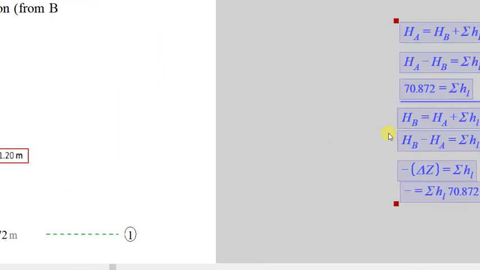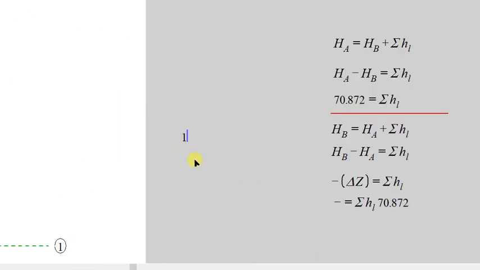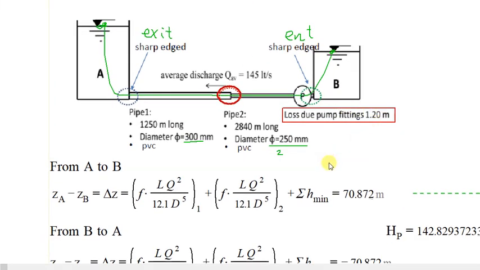It is as if you say one elevation was 100 and the other was 20, so 100 minus 20 was 80. But then we want the flow to go from the 20 to the 100, so it will be 20 minus 100, a negative 80 difference. That is the thing. Then what is left?